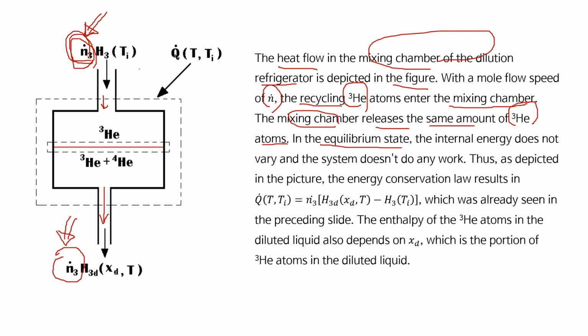In the equilibrium state, the internal energy does not vary and the system doesn't do any work. Thus, as depicted in the picture, the energy conservation law results in this relationship, which was already seen in the preceding slide.